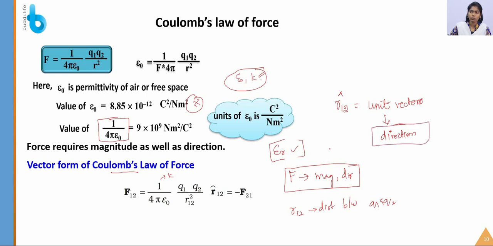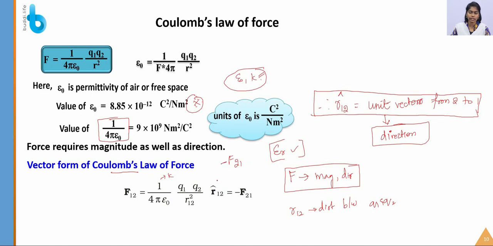For F12, the force vector is moving from 2 to 1. That is, R12 cap is a unit vector from charge 2 to 1, which has the same magnitude as F21 but is opposite in direction, right?